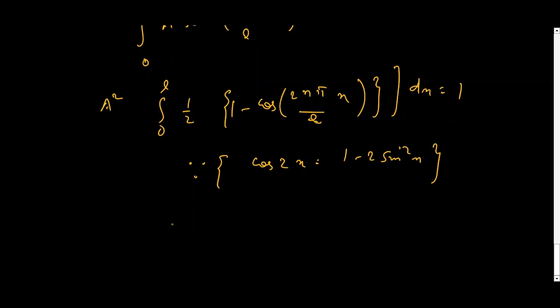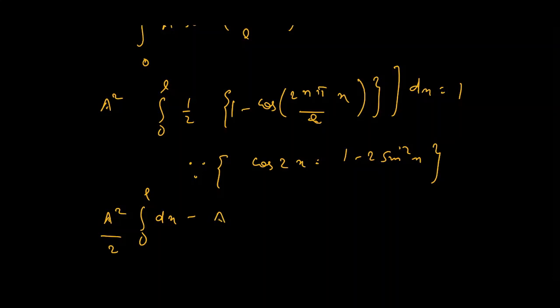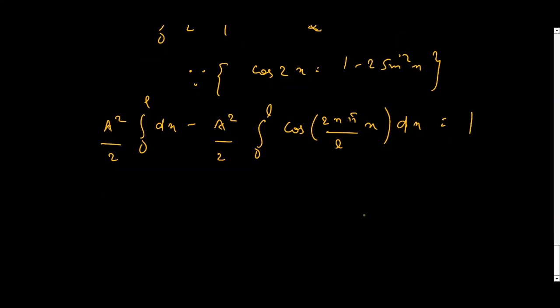Now separating this, we get a square by 2 integral 0 to L dx minus a square by 2 integral 0 to L cos of 2n pi by L into x dx is equal to 1, right?